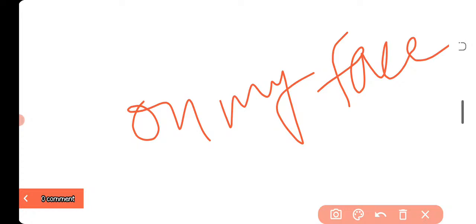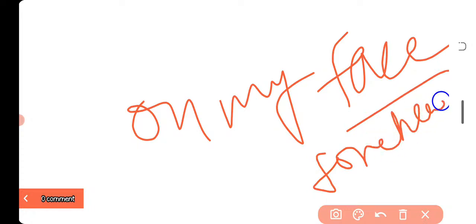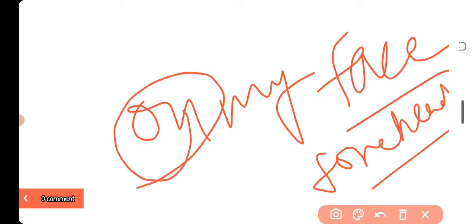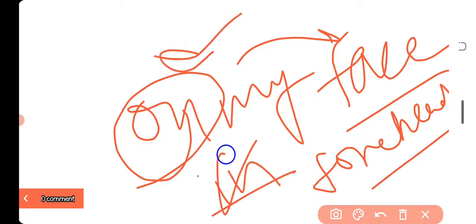It feels too good when my mother kissed me on my face, on my forehead. This is the body part, and on is placed here, which is the correct one. In is not correct.